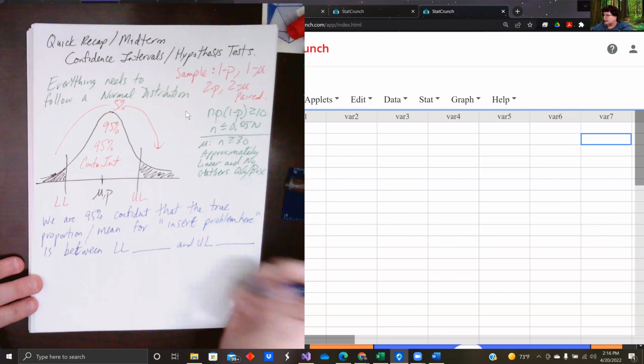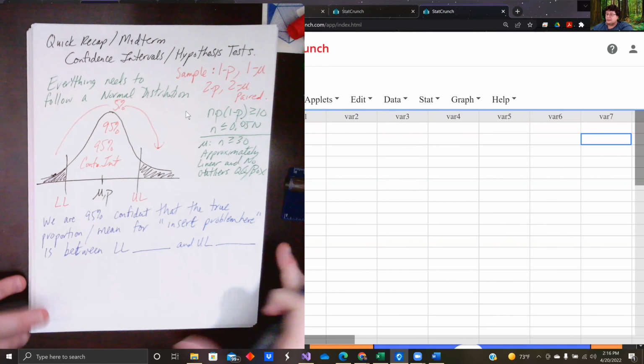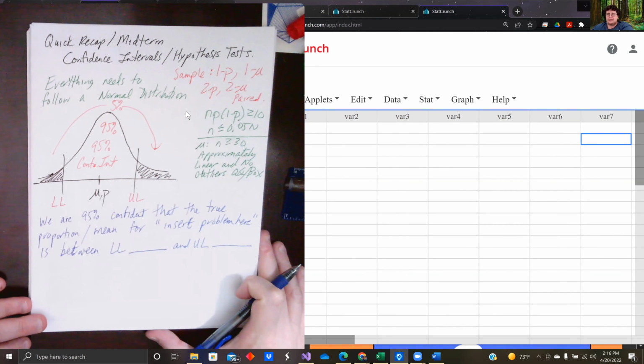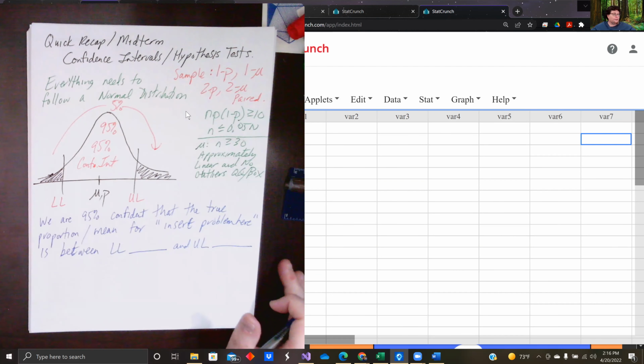Proportion doesn't have units, but for the mean, you want to give units. Like if it's between 200 minutes and 300 minutes, you want to say the minutes part, because it actually gives the sentence meaning.